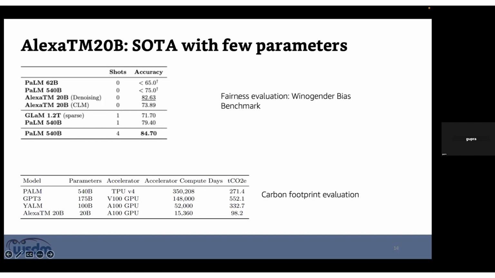Here we give one example of fairness evaluation on the Winogender benchmark, where we were doing fairly decent. We were second compared to the PaLM 540B model. But the idea here is that in addition to having these accuracy metrics, we have fairness and privacy metrics in the model card. We also have a carbon footprint metric.